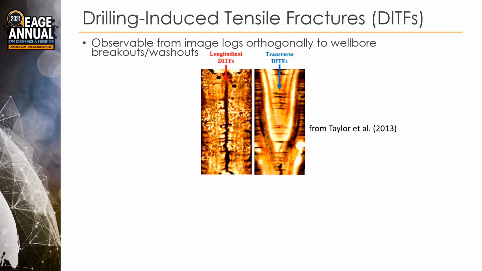They are located orthogonal to wellbore breakouts, and the way you can identify them from those logs is they leave a dark imprint, normally darker than the breakouts, and the signature of the drilling-induced tensile fractures is also narrower, so narrower and darker.